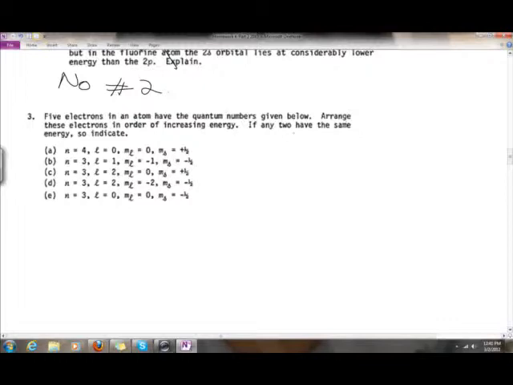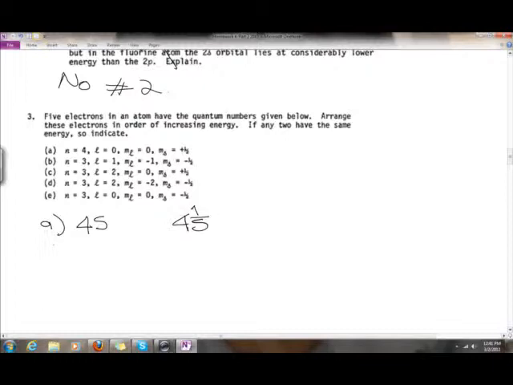If any two have the same energy, so indicate. Let's look at the quantum numbers. A: N equals 4, L equals 0, Ms equals 0. This basically would be 1 electron on the 4s orbital.